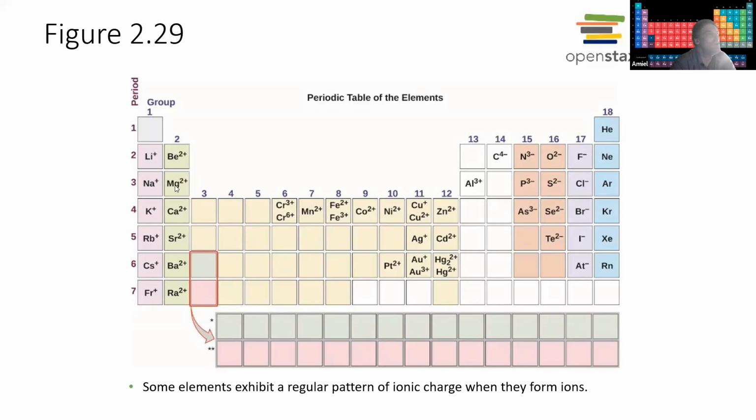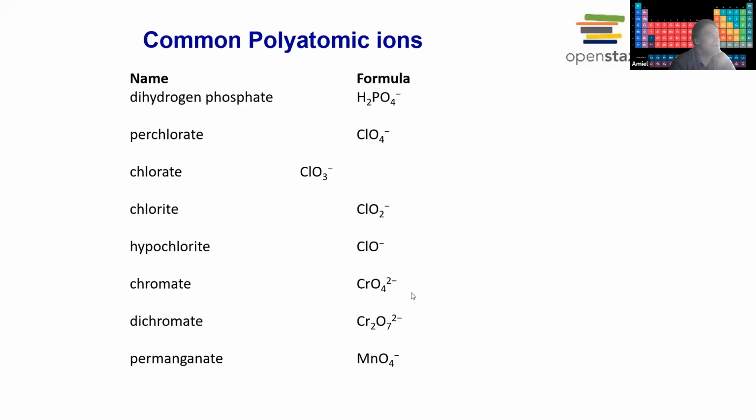You can use the old switcheroo actually in all of these cases. So this one is nitride, that one is carbide, P3 minus is phosphide. So those are the ide endings for some of the anions.